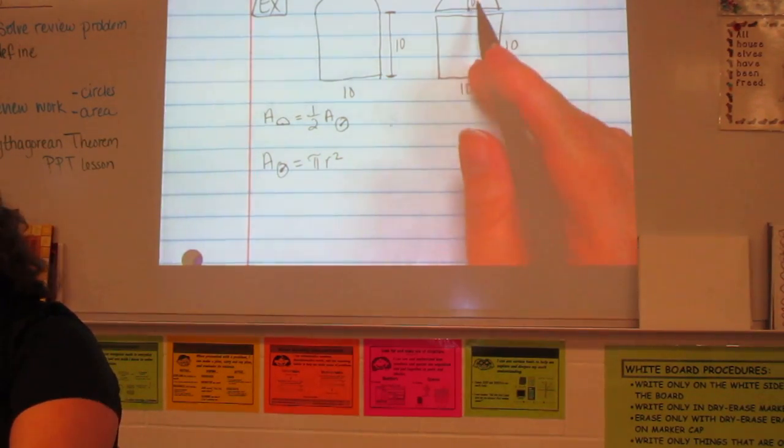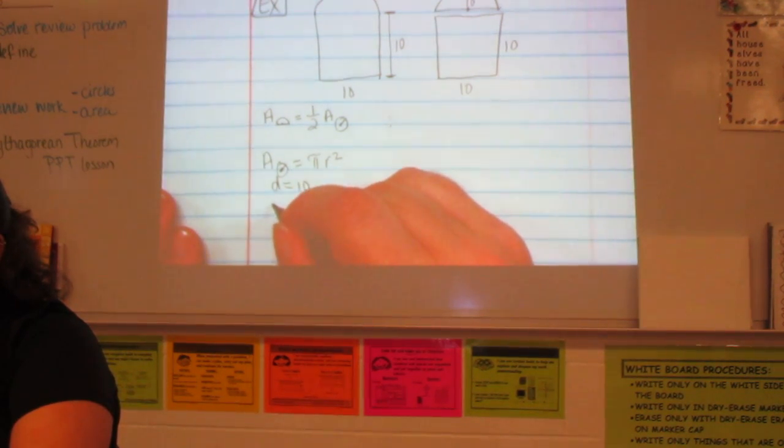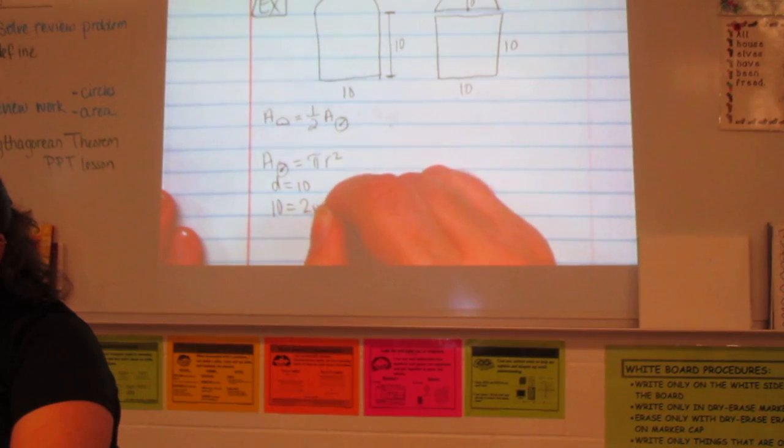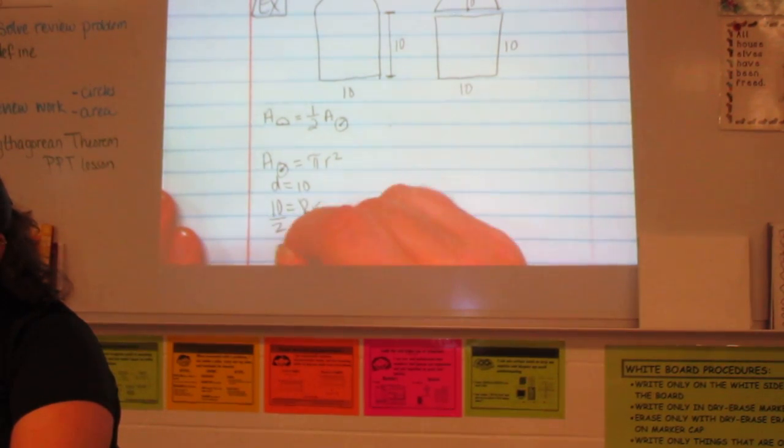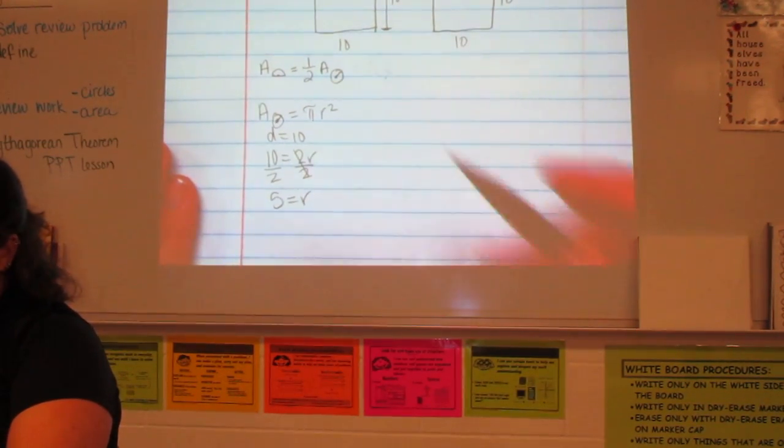Well, I don't have the radius here, I have the diameter. So I have the diameter as 10, which means 10 is equal to 2 times the radius. So I'm going to divide both sides by 2, and I get my radius equals 5.